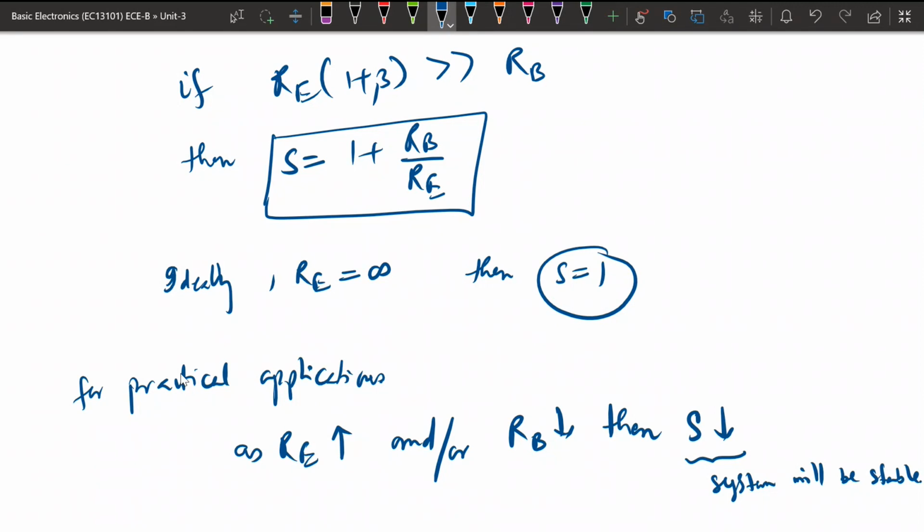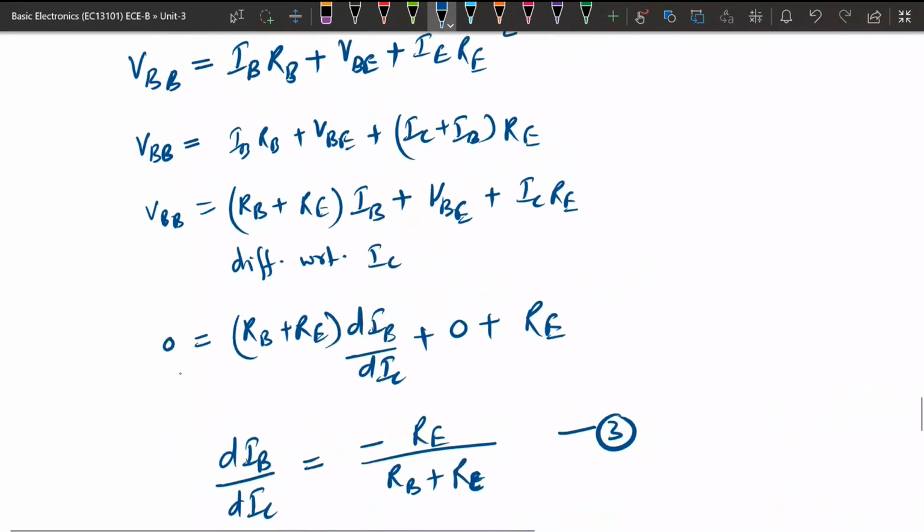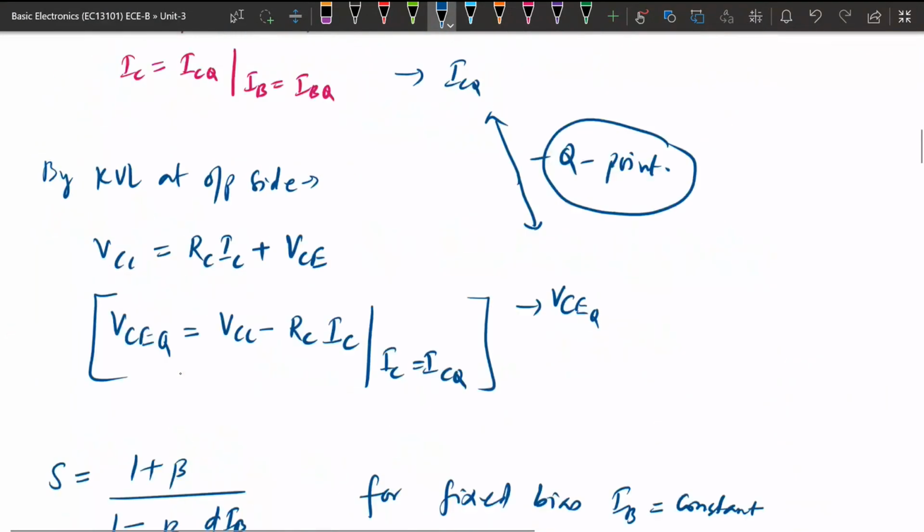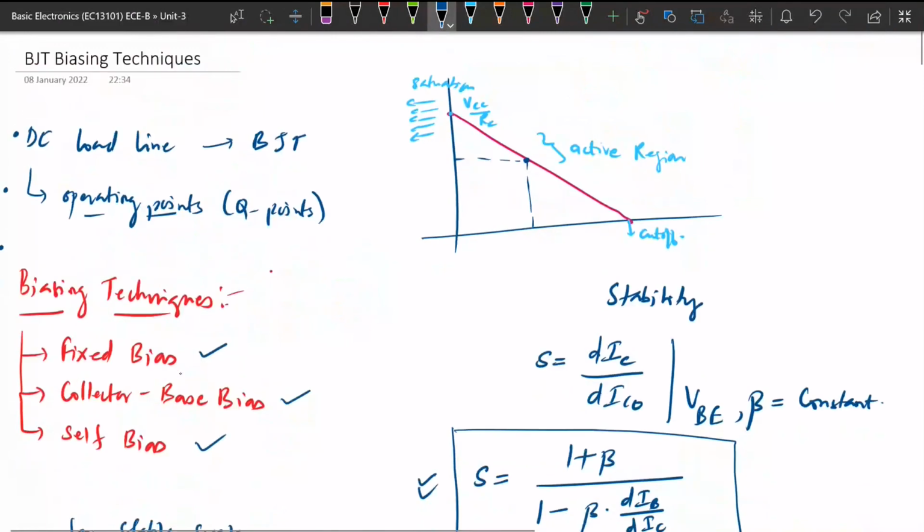Okay, so this is all about the biasing techniques in case of BJT. This biasing is required to provide a stable operating point that comes within the middle of the load line.